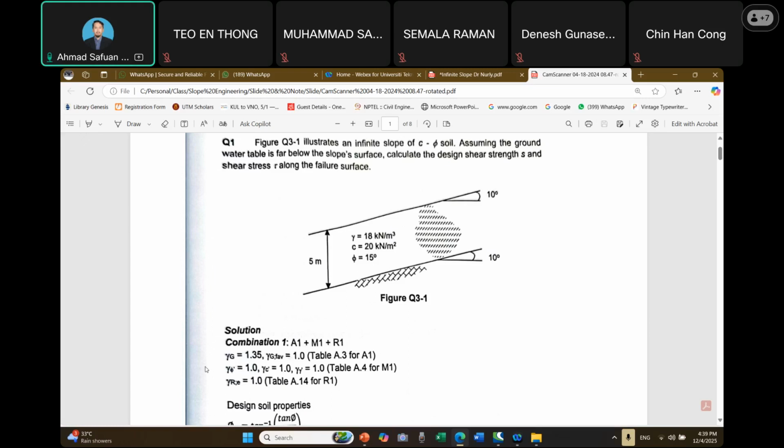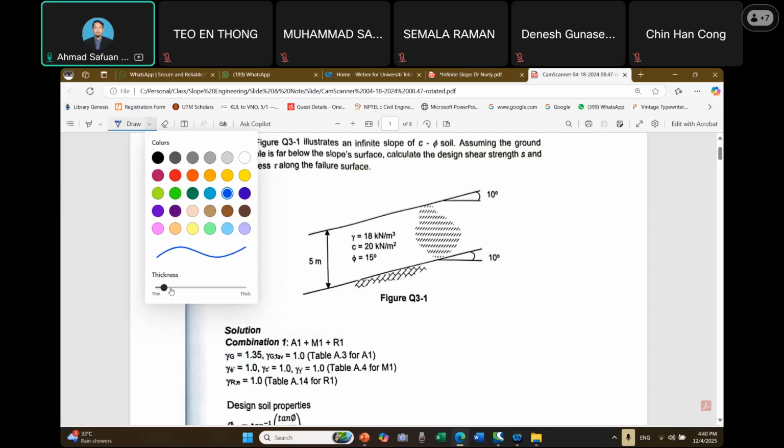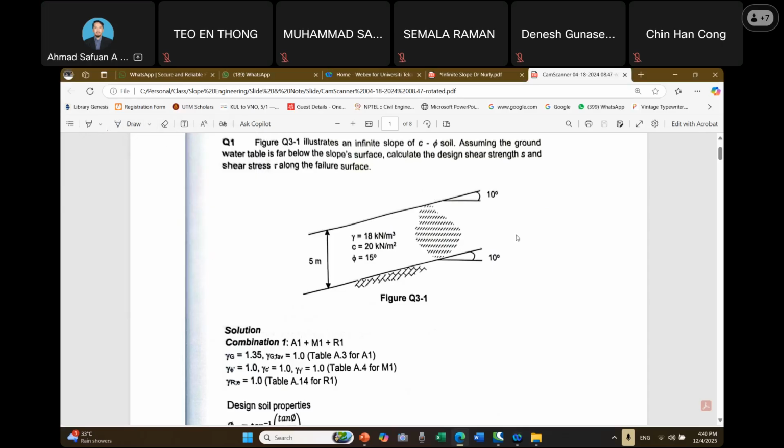So we have here a figure of Q31. Assuming it is an infinite slope of c and phi soil, assuming the groundwater table is far below the slope surface, calculate the design shear strength and shear stress along the failure surface.